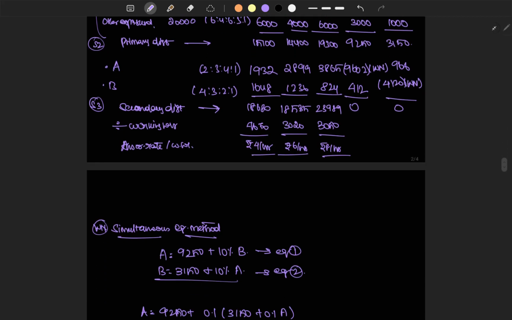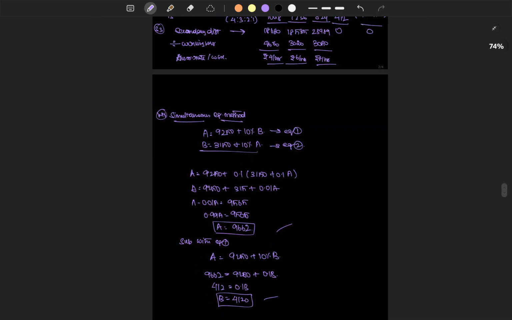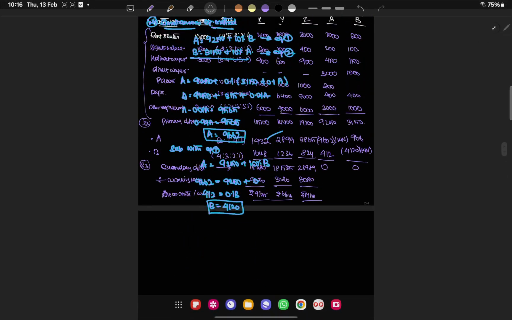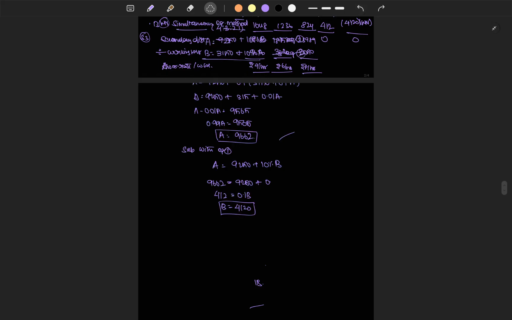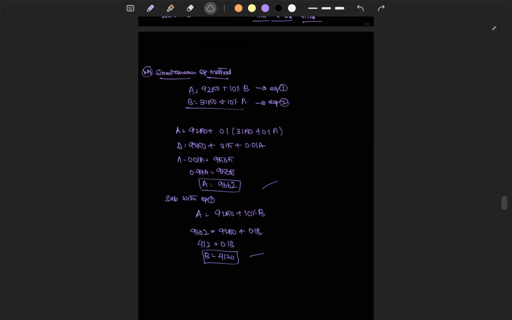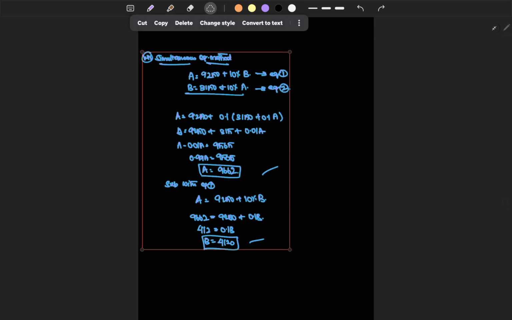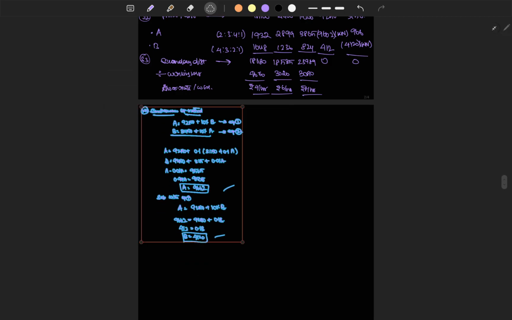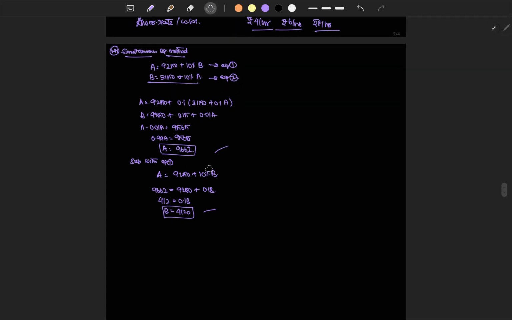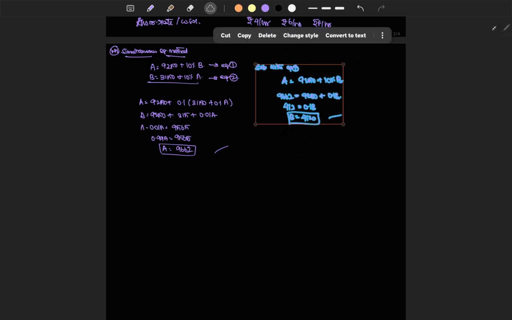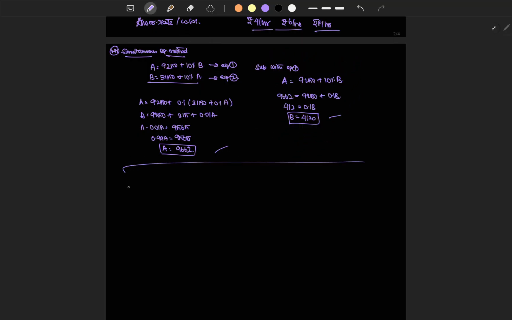Right, now our fourth step. What's our fourth step? Fourth step is charging overheads to the products.